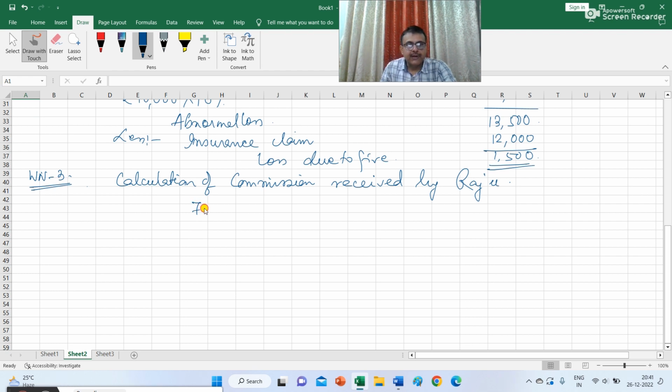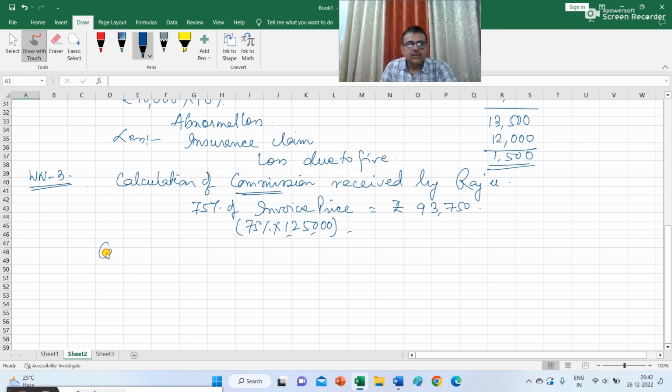So 75% of invoice price is rupees 93,750. This calculation is very important. That is the amount of commission. So 75% of invoice price is 93,750. How I have arrived this figure? 75% of 1,25,000.